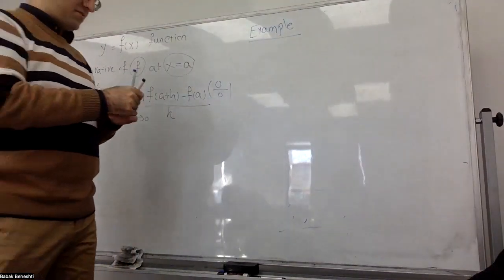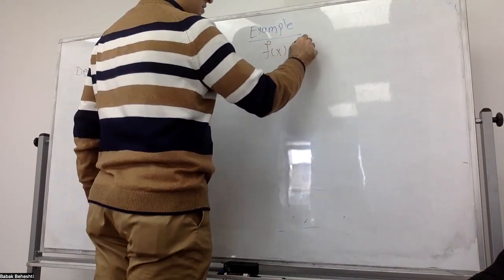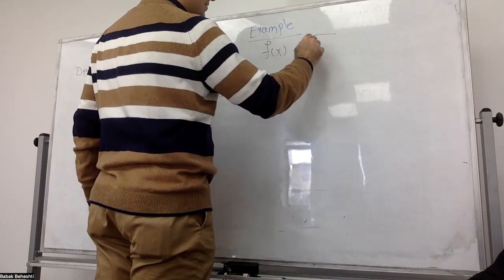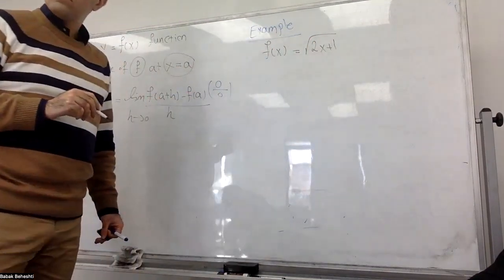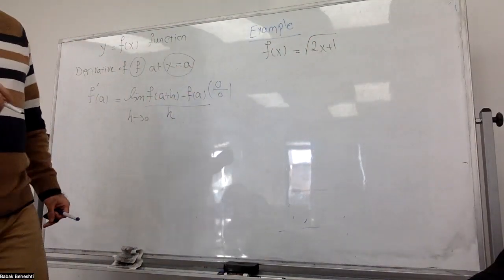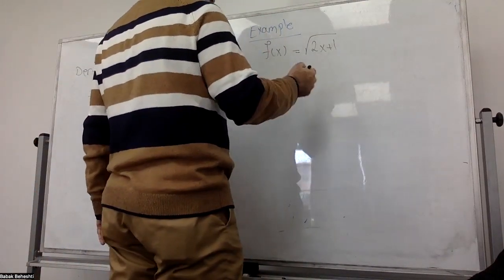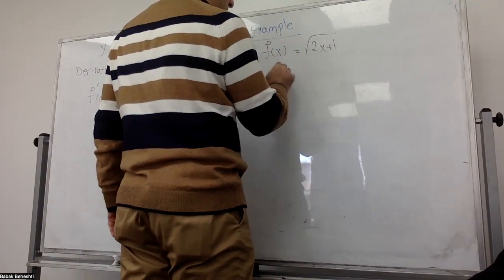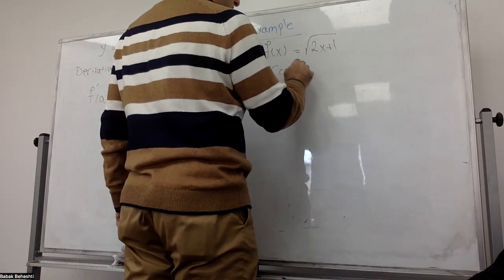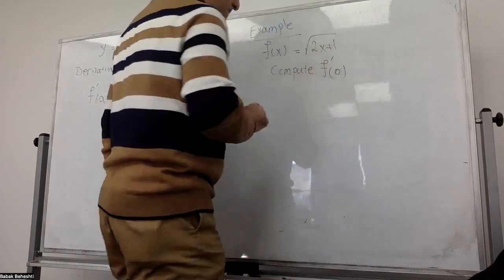Assume that f of x is equal to the square root of, for example, 2x plus 1. So I want you to compute f prime at 0.